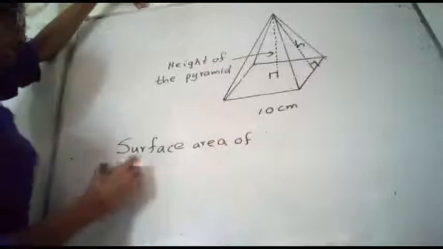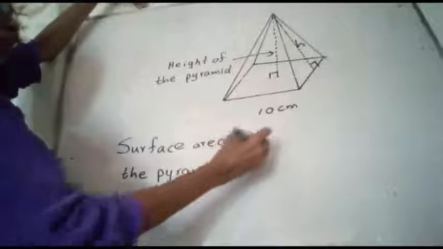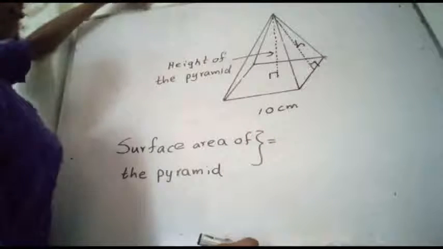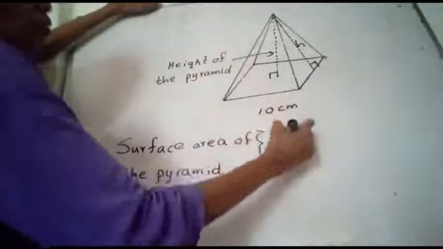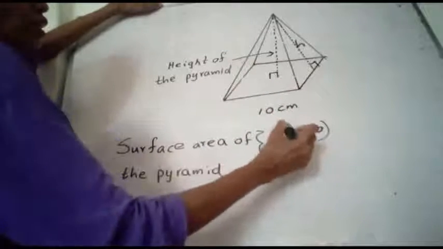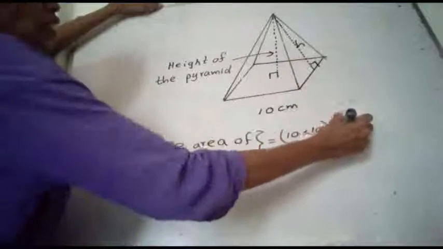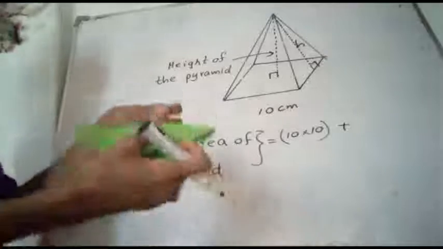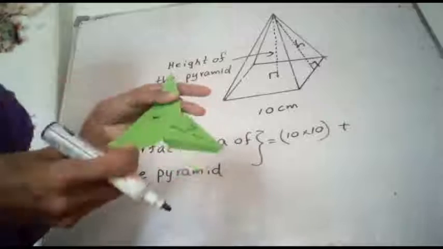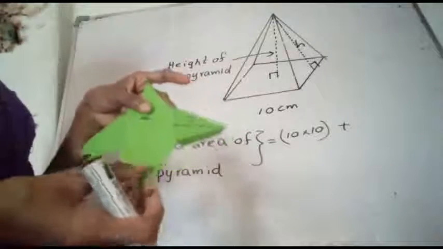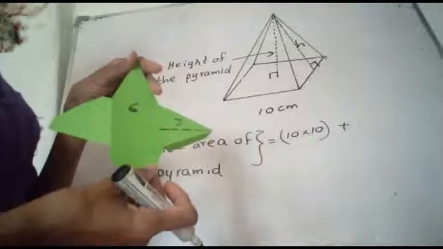Surface area of the pyramid is equal to area of the base, which is 10 multiplied by 10, it's square in shape, plus area of the four triangles.